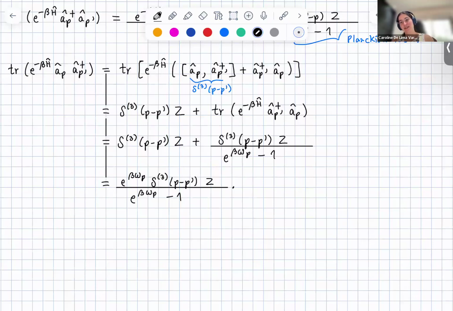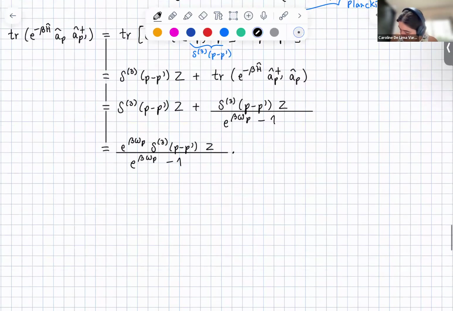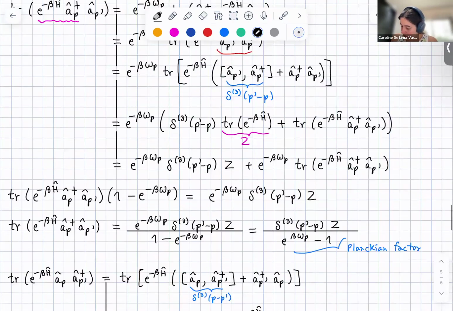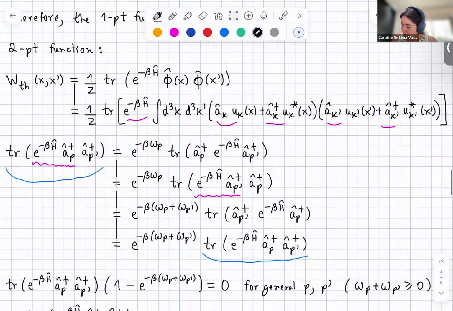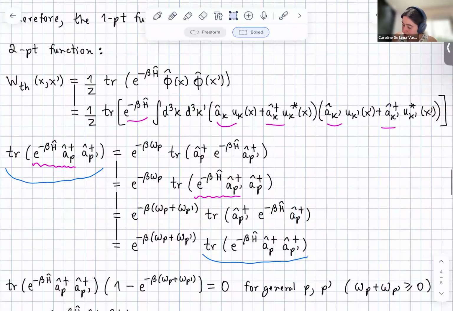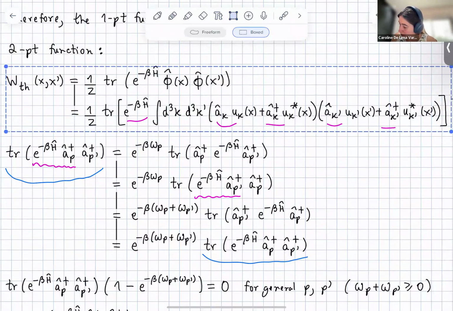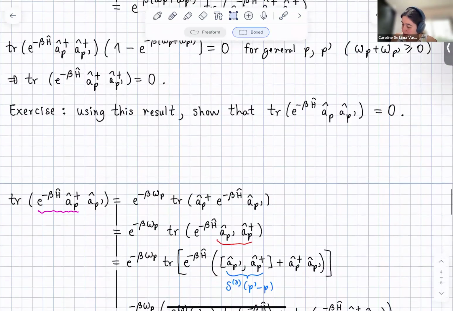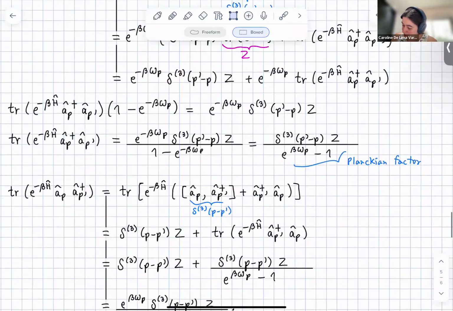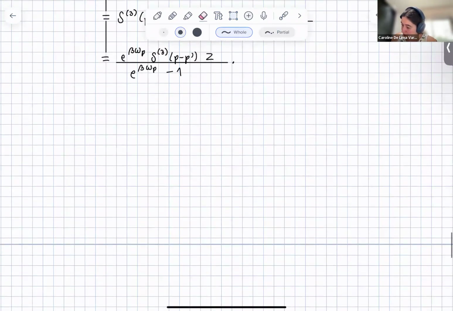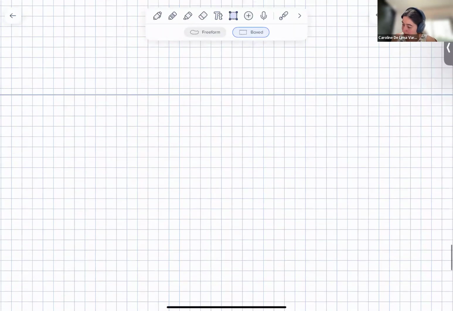Okay, so we have computed a lot of things, and now with all of this, we are able to actually compute the thermal Wightman, right? So let's try to write this. So recall, let's maybe copy here, because that would be a little bit easier. Or maybe I'll go to the next page.